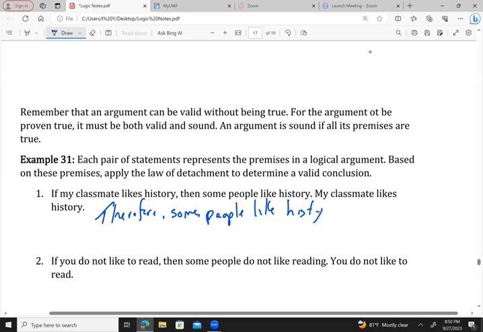Looking at it, we have if P, then Q. Well, let's do this here. If P, then Q, P, therefore Q. This is what we're looking for.